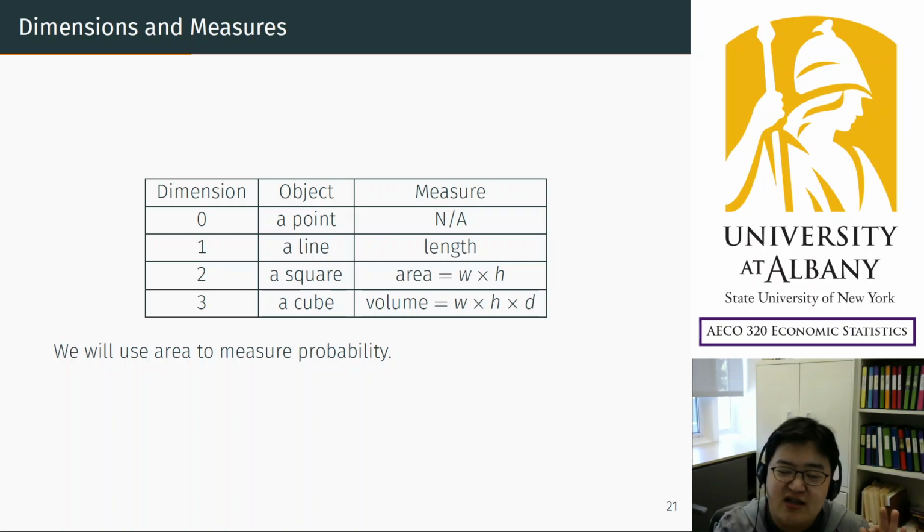But actually, that's not always true. That's just for your understanding. That's just an introduction. What's true is we are going to express the probability as an area. Area is sufficiently general to cover any probability, right? So we are going to describe the probability as an area.